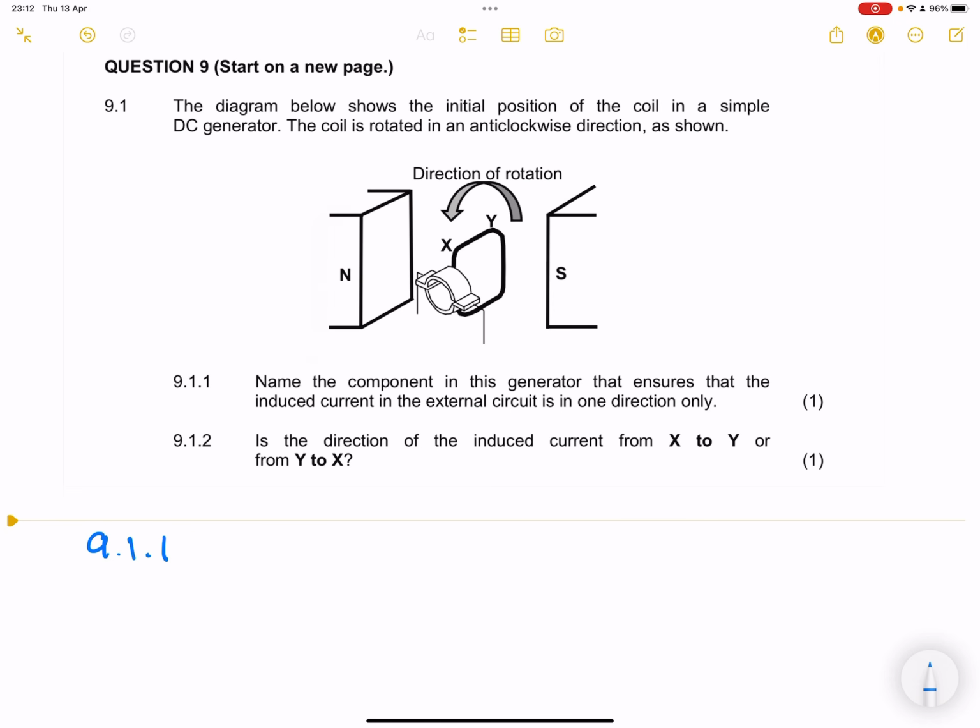The component responsible for that is the split ring, otherwise called a commutator. We'll discuss someday how they're able to do that. I hope I'll be able to do some shots on that to explain it to you.